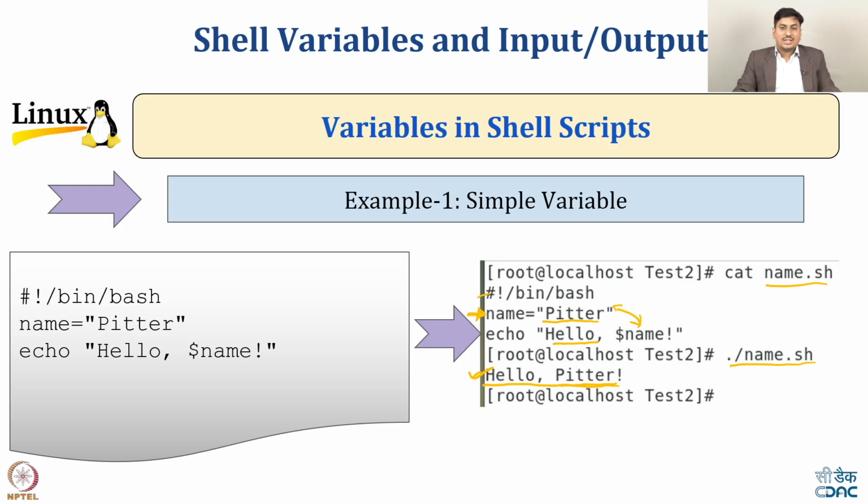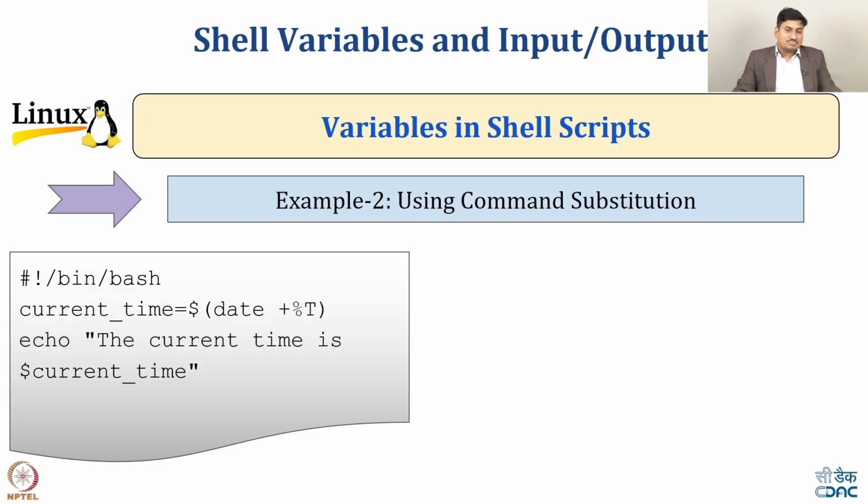Then use that variable in the scripts. Take another example: we can also assign the output of some commands to variables. Here is one variable, current name, which we have used in this script, and we are passing the output of this command itself. This is just a format of the date command where we want the time only.